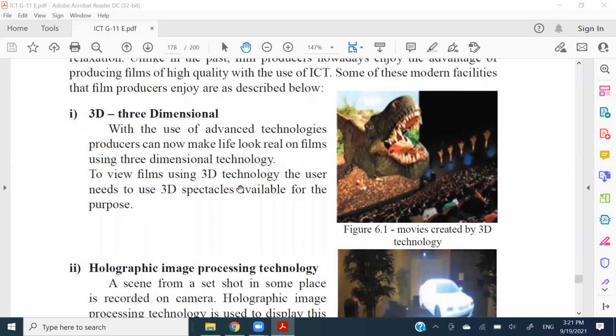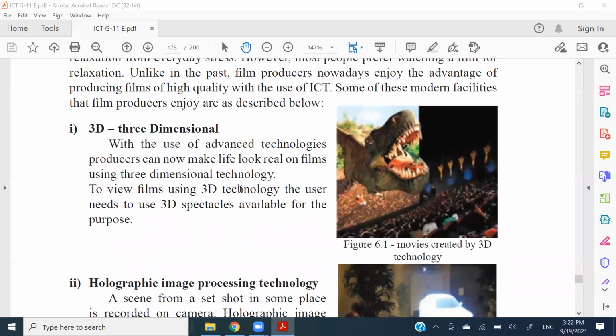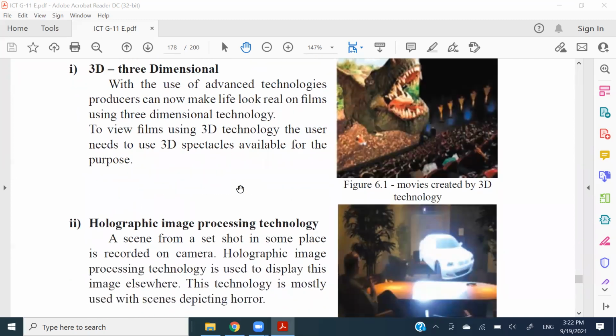Three-dimensional movies are not possible without ICT. There are many different documentaries showing how these films are being made, and the technology behind that. Without ICT, 3D technology will not be possible.